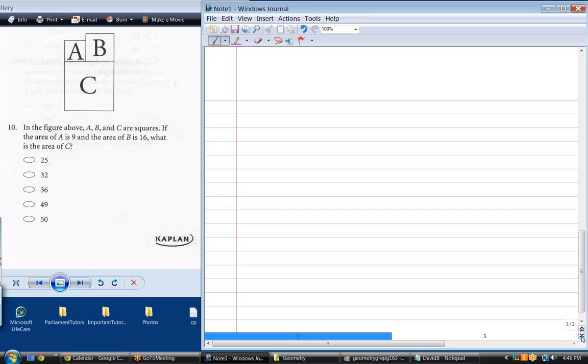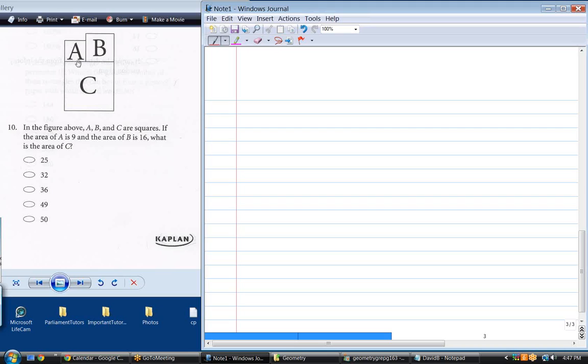Would C be 25? No. Wait, no. Sorry, never mind. I just realized what I was doing. What's the side length of A? Yeah, wouldn't it be 25 still? What's the side length of A? No. Oh, the side length.